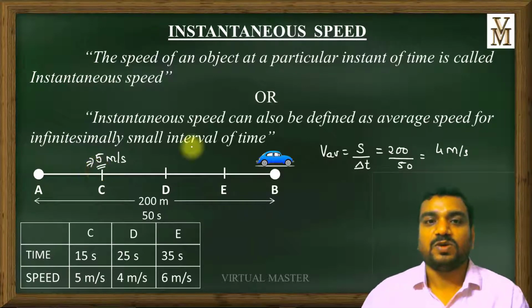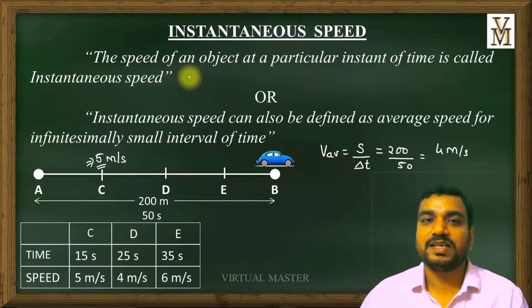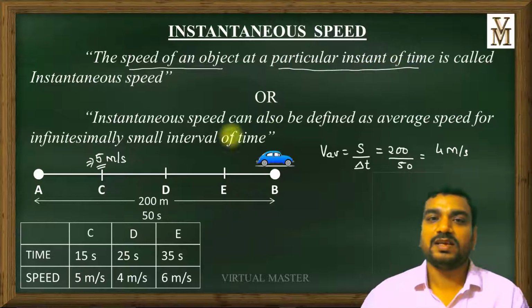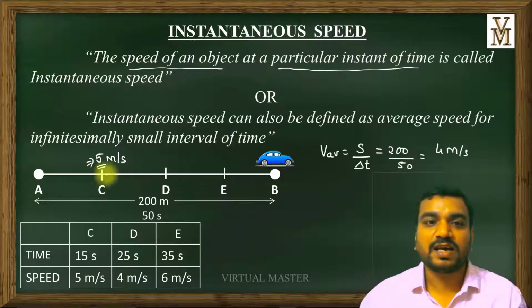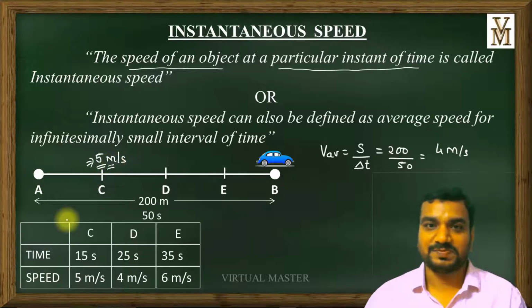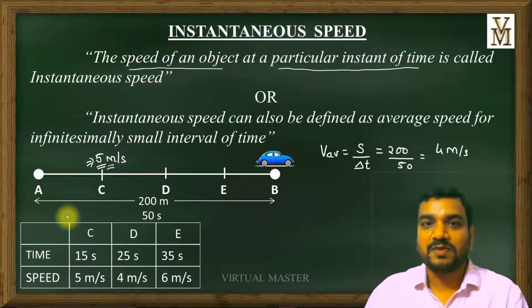Okay, I will repeat once again, what is instantaneous speed? The speed of an object at a particular instant of time. Here the instantaneous speed of the car at point C is how much? 5 meter per second. Okay, I hope everyone has understood the instantaneous speed of the car.